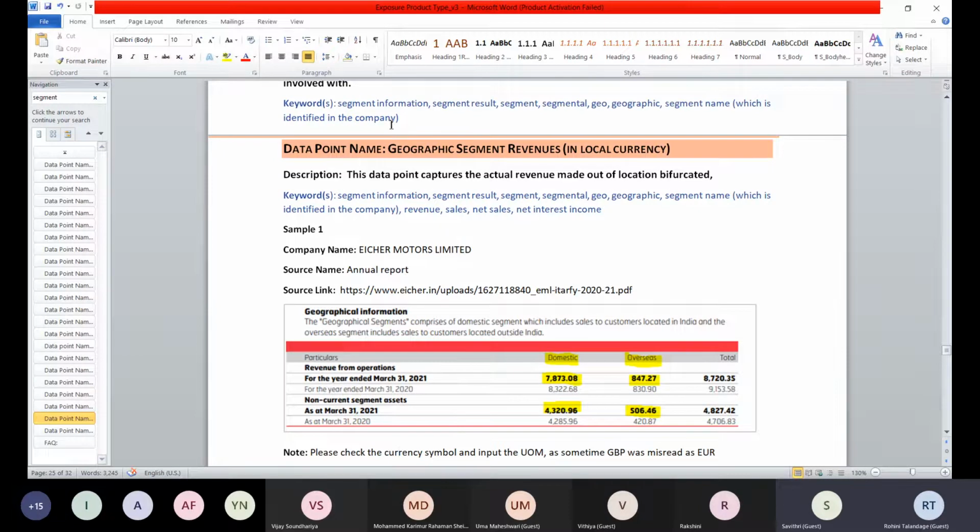Our next data point is geographic segment revenues. As we captured the business segment revenue separately for each segment, like that, if they have two or three geographical segments, for each segment they will give revenue details.